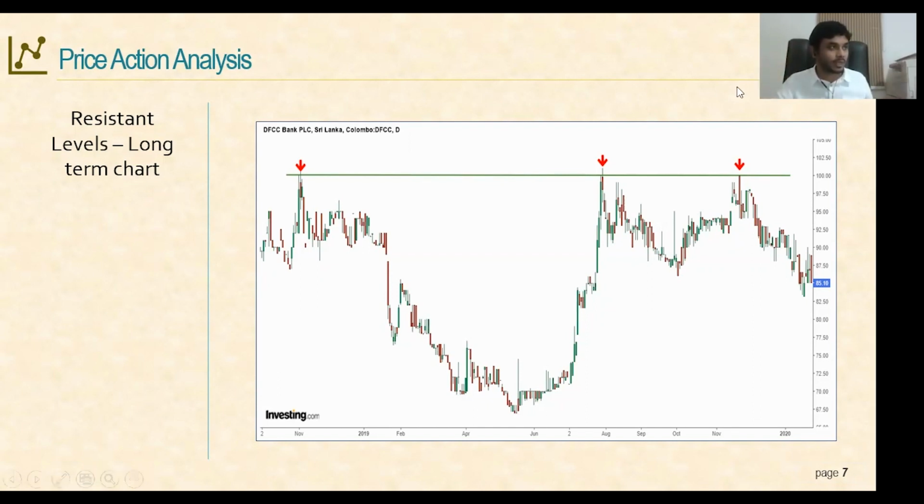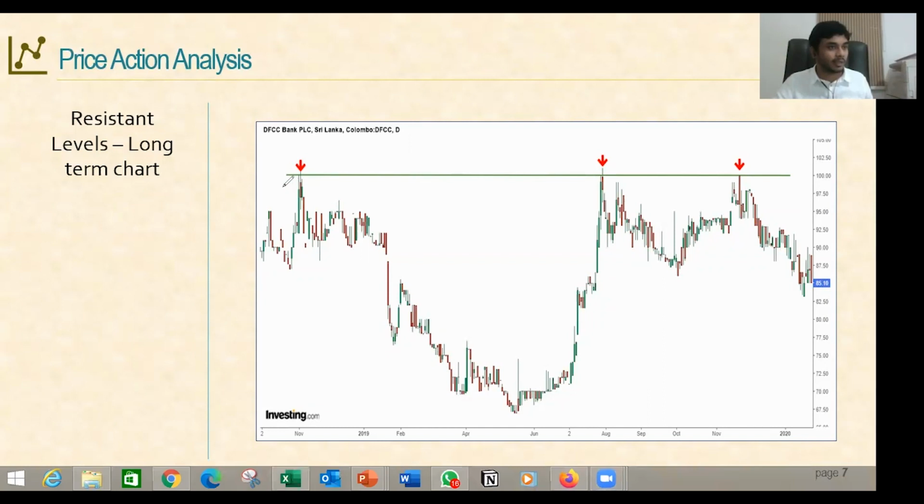So in this case, you can see for DFCC, whenever the stock reaches 100 levels, there is some clear resistance indicated. This can be used as a valuable future reference point.